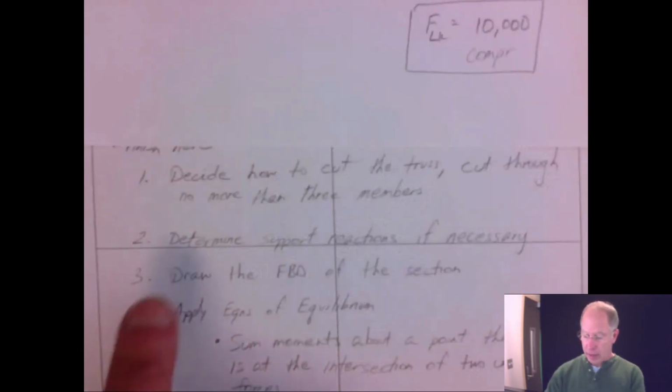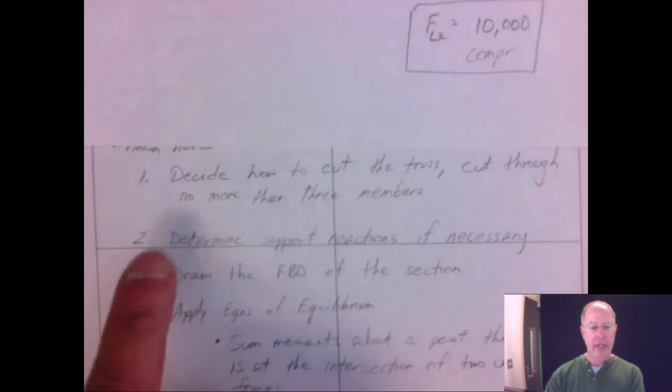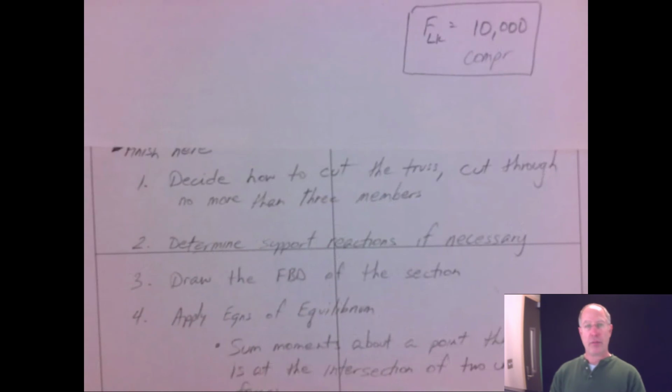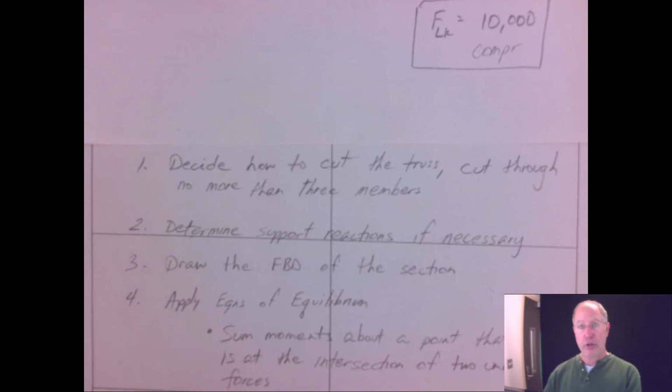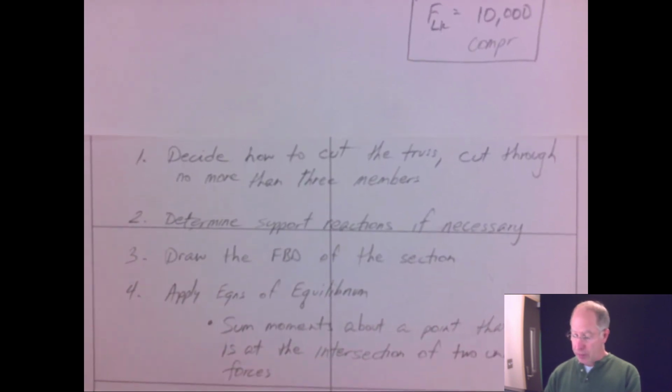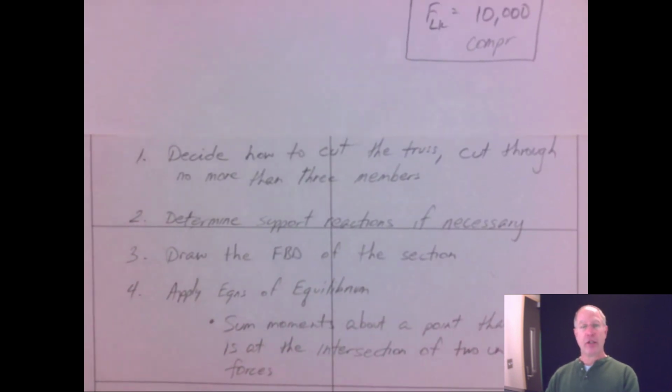Then we determined the support reactions if necessary. It was necessary. Then we drew the free body diagram of the section, and applied our equations of equilibrium. And remember that when you sum moments about a point, you can choose that point to your advantage. If it's at the intersection of 2 unknown forces, you eliminate those 2 forces from your equation.